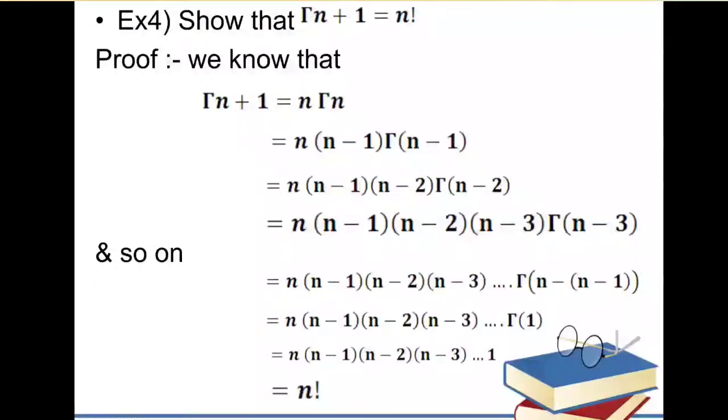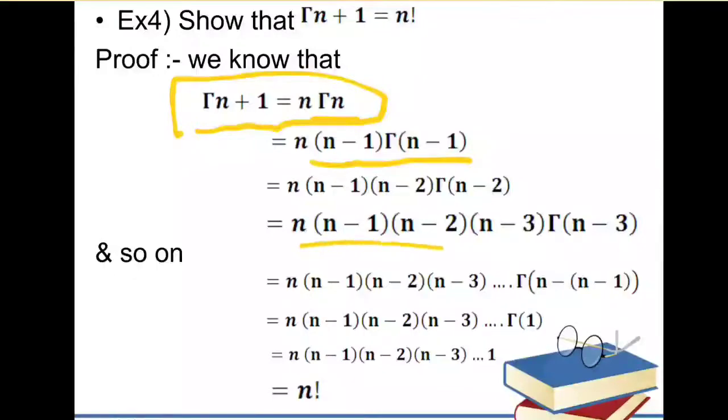Now see here, the next property is gamma of n plus 1 equals n factorial. Here n is a positive integer. Now using property 1, we can write gamma of n plus 1 equals n gamma n. Now again we adjust plus 1 minus 1, then it is n minus 1 gamma of n minus 1.